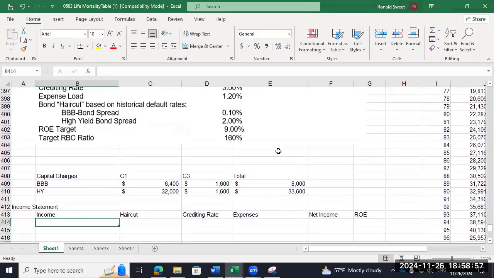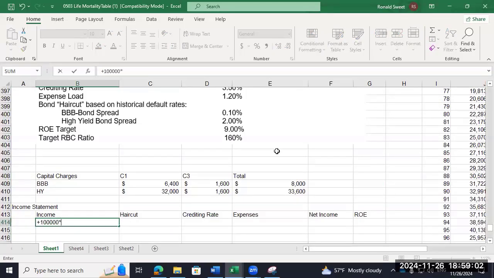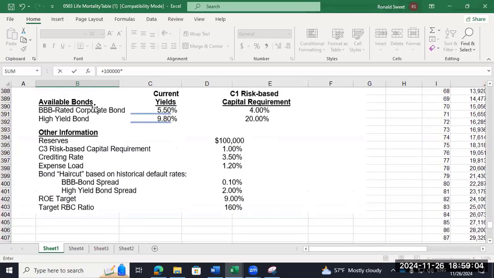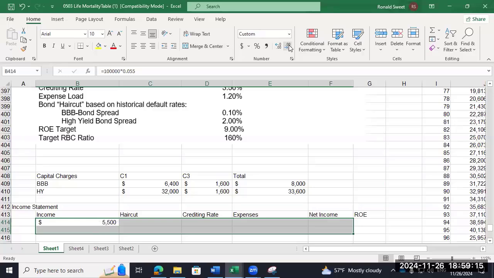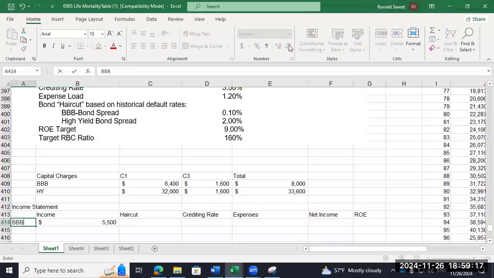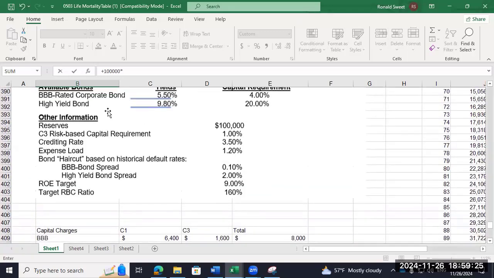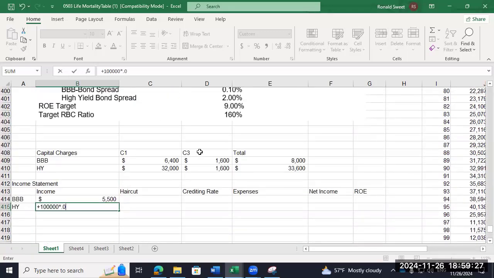Then for the income statement, you're going to take the $100,000 times your rates. Your rate for triple B is 5.5%. This is triple B, high yield. For high yield, it's going to be 100,000 times, and here we're making 9.8%.